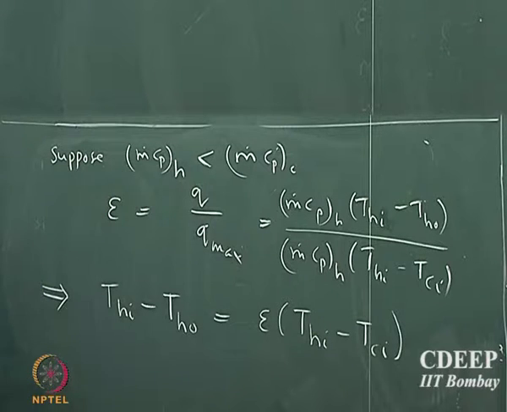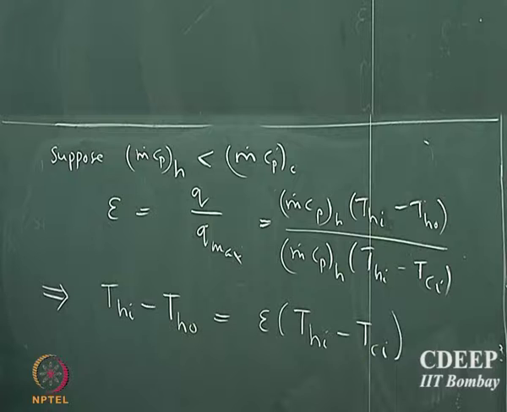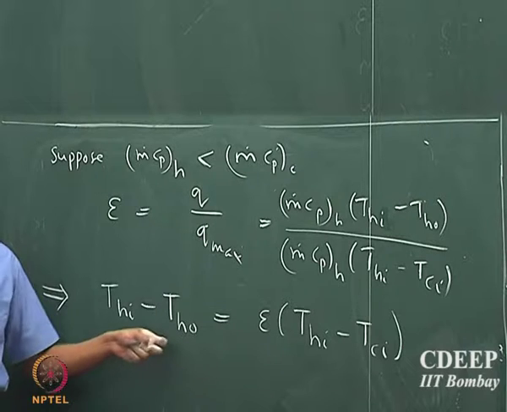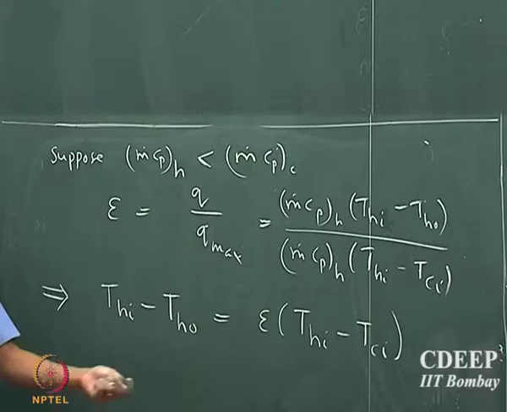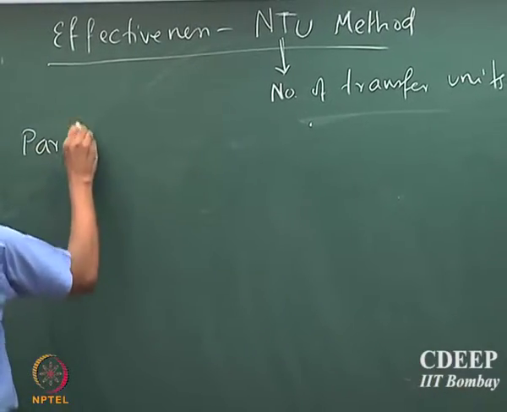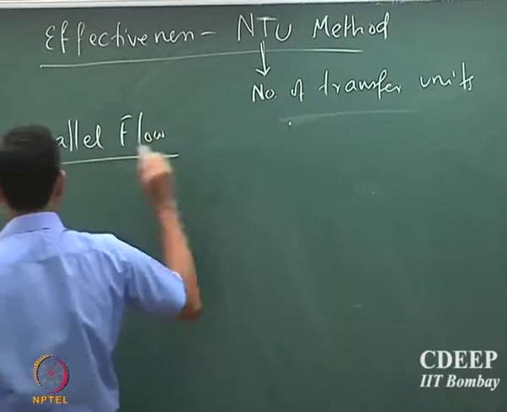What it simply means is that we need to know only the efficiency of the heat exchanger. If we know the efficiency of the heat exchanger, then we are able to independently estimate the outlet temperature of the hot fluid based on the inlet temperature. So let us take the case of a parallel flow. Okay.